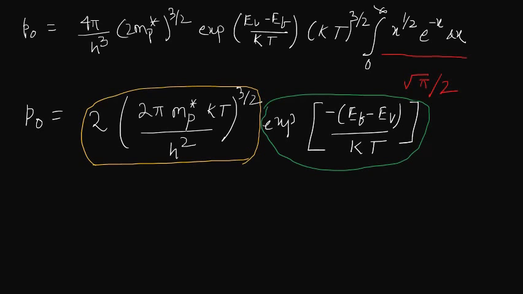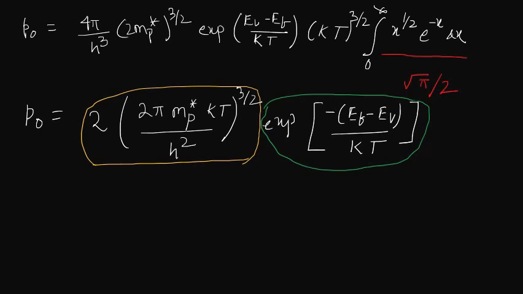So the whole concentration is again the product of two terms. One is the effective density of states in the valence band, and the other is the distribution function.